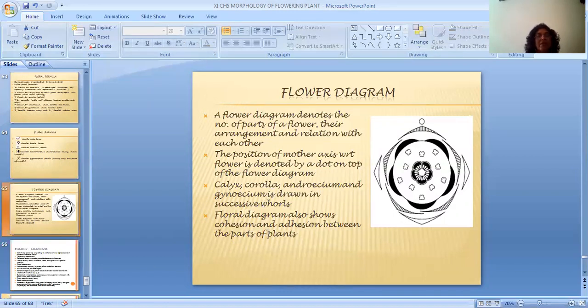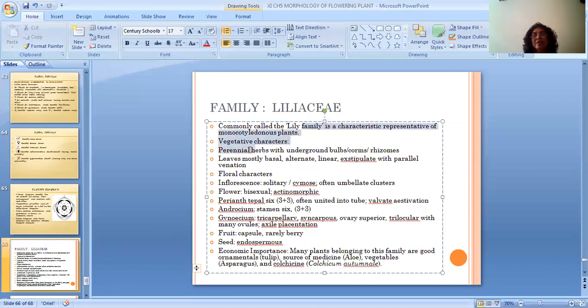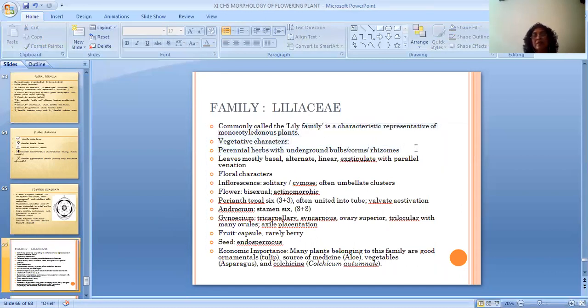Now let us take one example and see how description is done. I'm taking an example of family Liliaceae. Family Liliaceae is commonly called the lily family, and it is a characteristic of monocotyledonous plants.